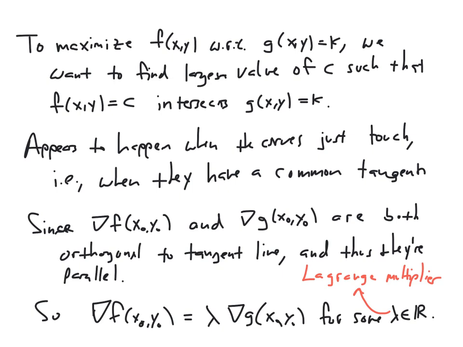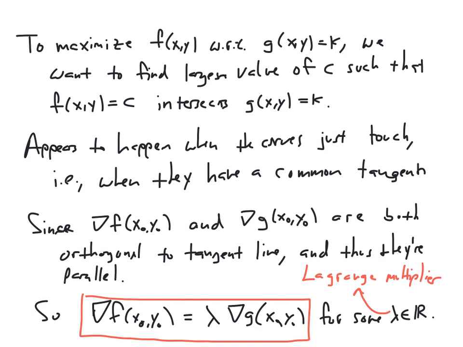So the key to solving an optimization problem with the constraint is to solve this equation right here. Now notice this equation is actually a vector equation. Both sides of the equation are vectors. And so in the context that we're working here, this is actually two different equations. The partial of f with respect to x is equal to lambda times the partial of g with respect to x.